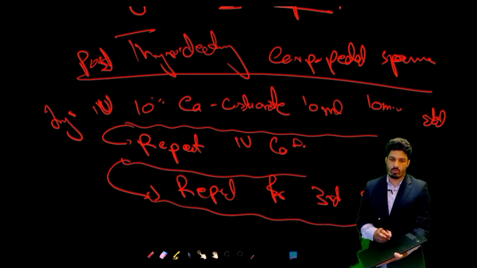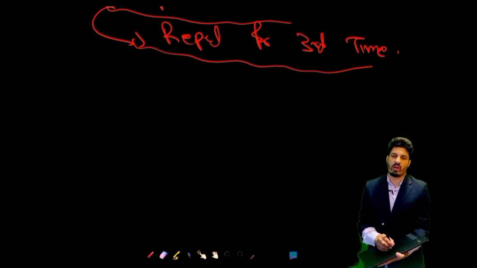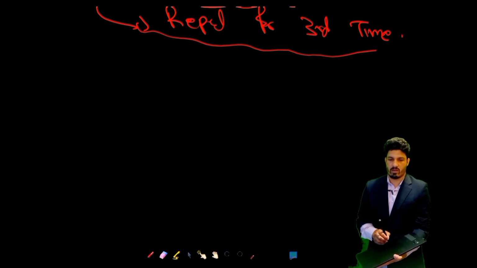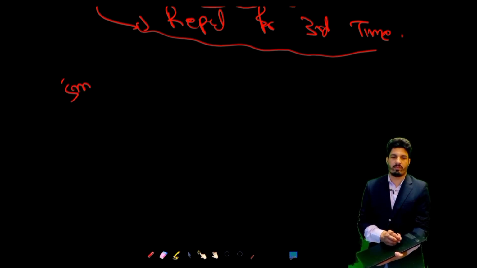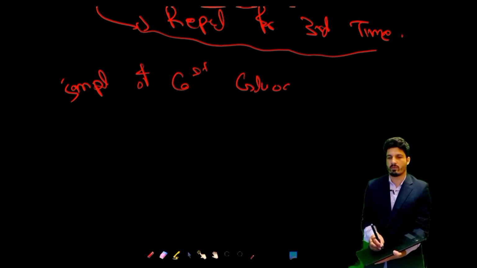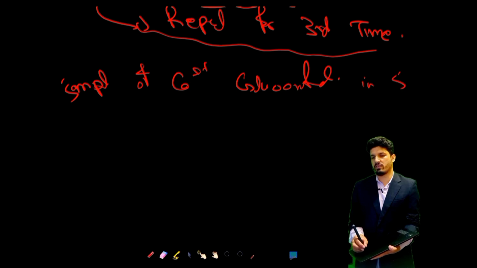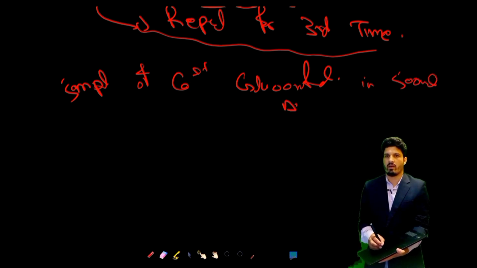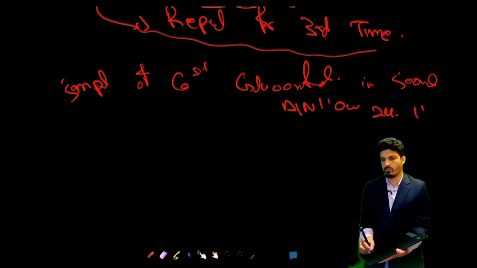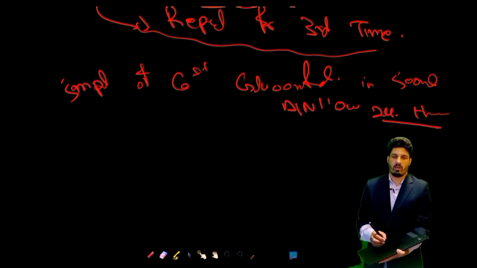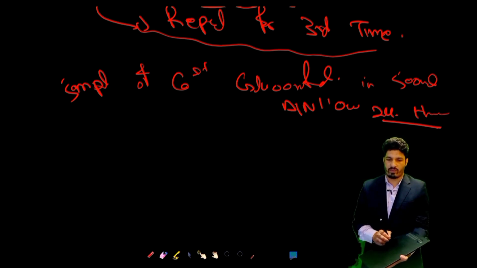Again, if the symptoms don't resolve, then you have the option: you will take 5 ampules of calcium gluconate and add this to 500 ml dextrose saline over 24 hours. And from here onward, the scenario will be the same.